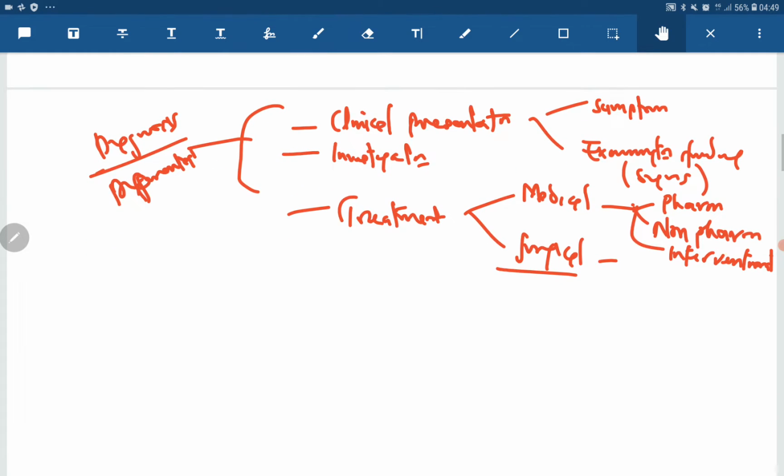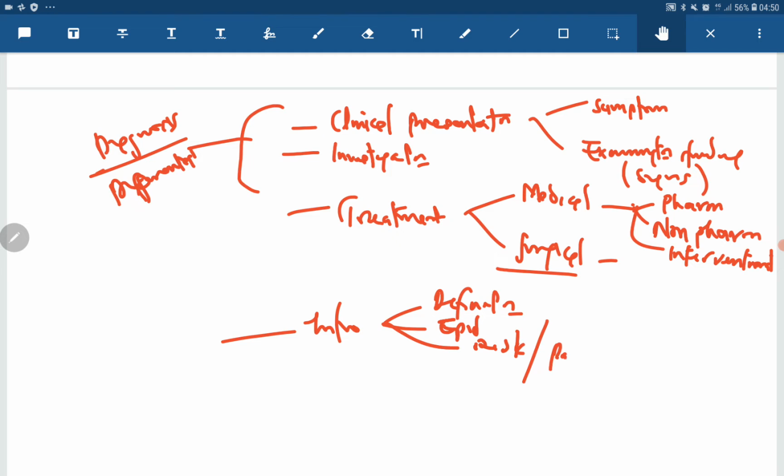So in exams, usually you introduce, and what should be your introduction? You can talk briefly about the definition of terms, then briefly about epidemiology if you have, and then also the risk factors if you can, then the pathogenesis.